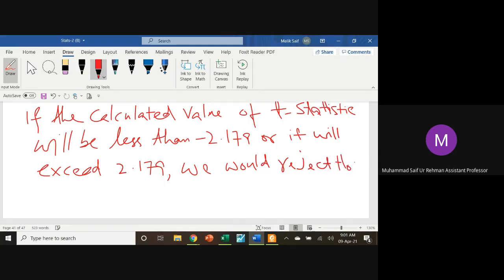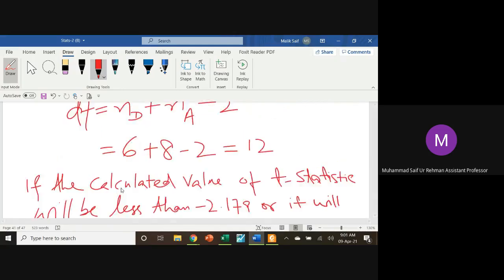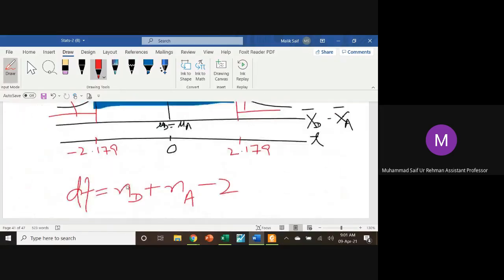So this is the decision rule that you would have to write down in step 4. And then you will move to step 5.